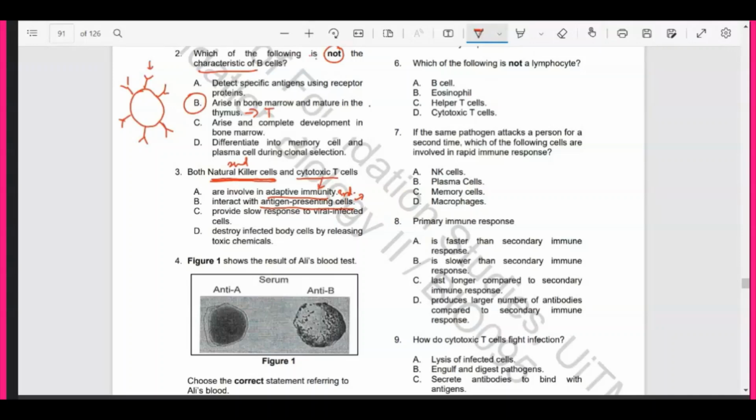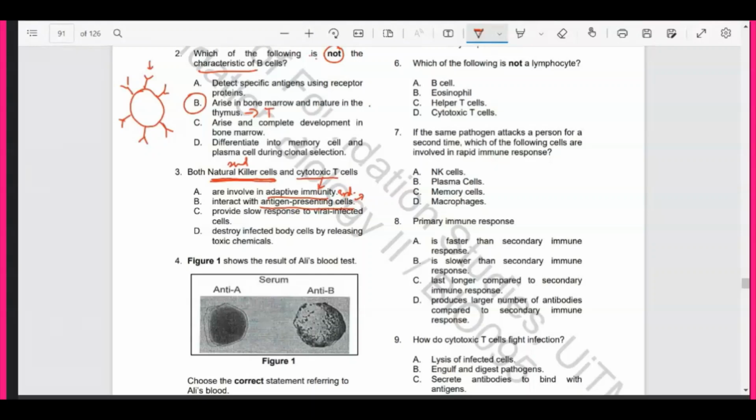One that engulfs a pathogen, destroys it into fragments, and then presents the fragments on the cell membrane of the macrophage. Lepas tu baru dia jadi antigen presenting cell. So the antigen akan presented kepada siapa? Kepada helper T cell contohnya. So it cannot be related to natural killer cell lah, sebab antigen presenting cell terlibat dalam third line defense juga.